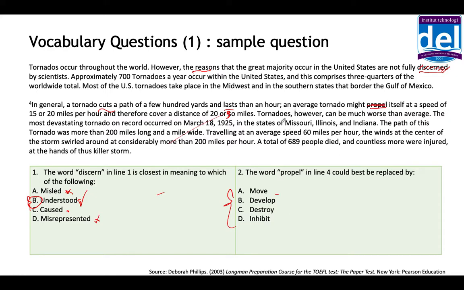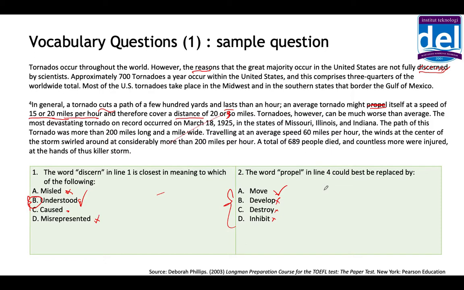And the context that can help us is 15 or 20 miles per hour. So this indicates that there is a movement from one place to another place. Or here we can also have a context that it's talking about a distance of 20 or 30 miles. So the most appropriate one to complete this blank is move, because it's talking about distance.